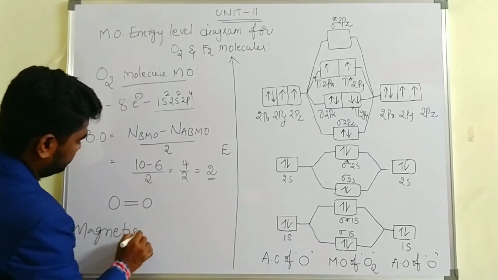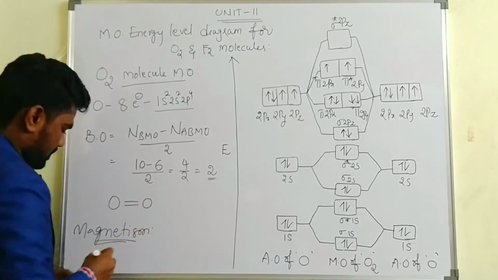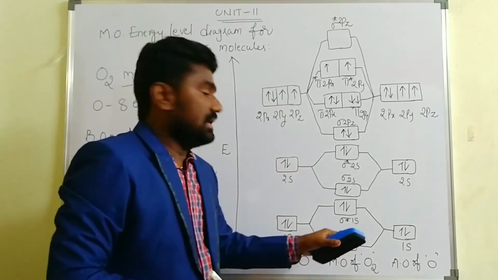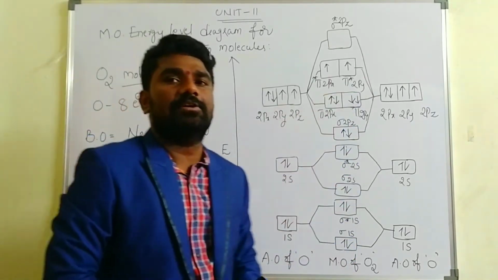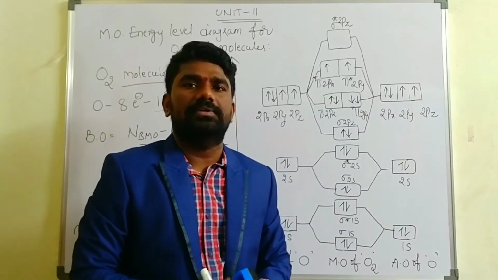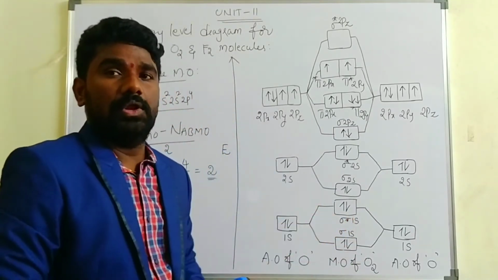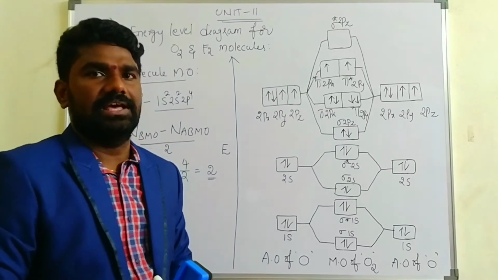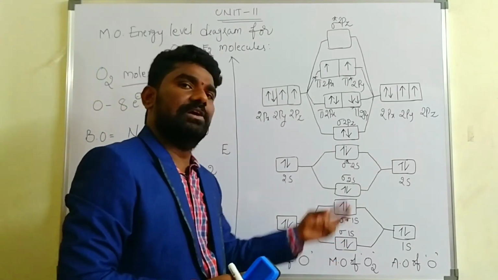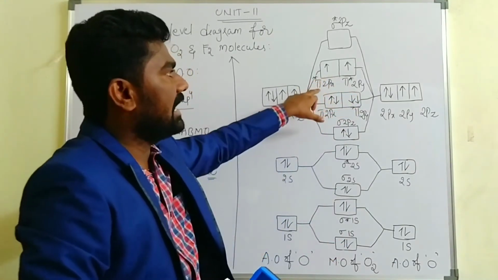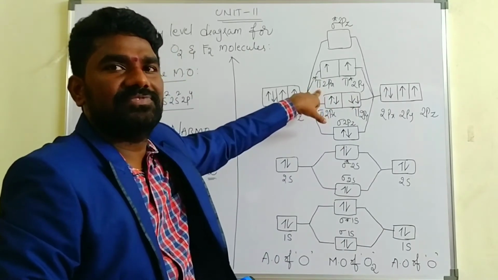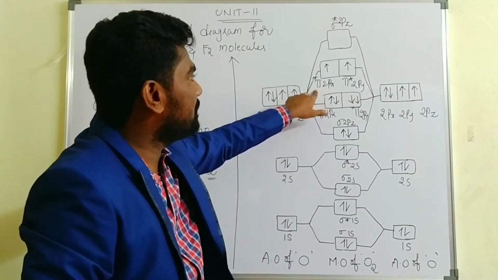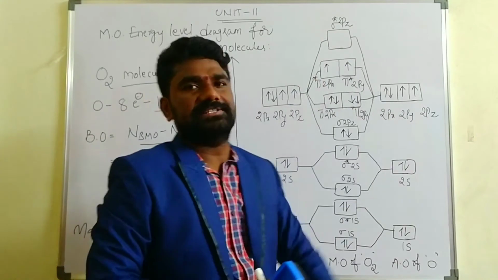Magnetism. Is there any lone electron in the oxygen molecule? Yes, we have lone electrons. Lone electron means without pairing, isn't it? Here we have two electrons in the antibonding molecular orbitals of the oxygen molecule, that is pi star 2px and pi star 2py.